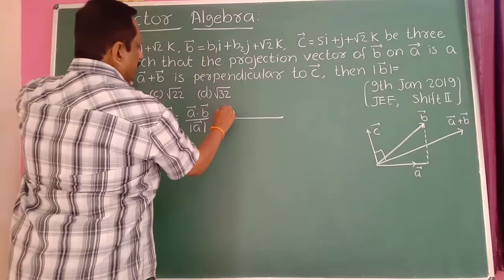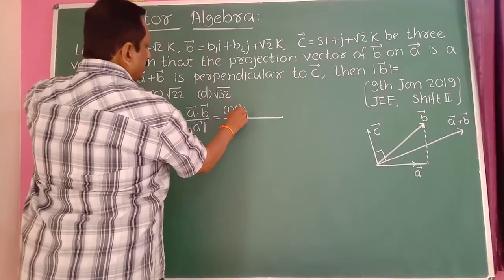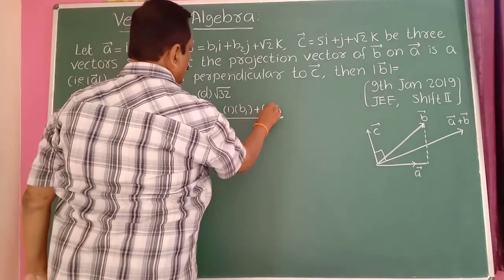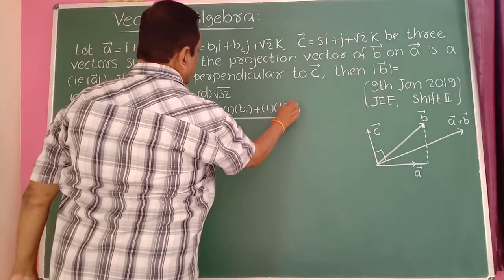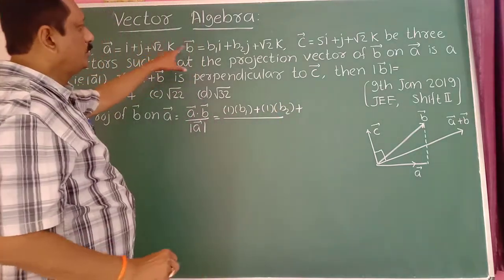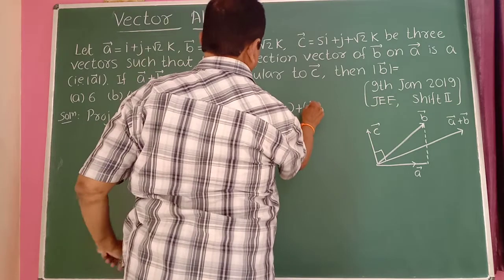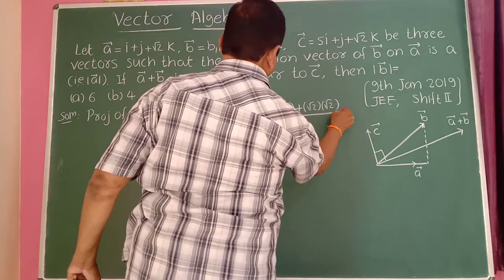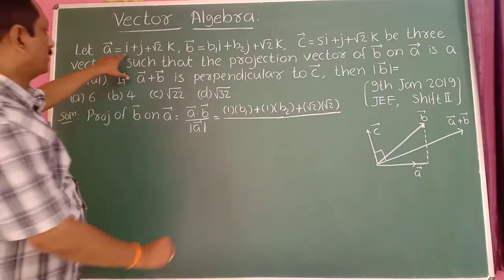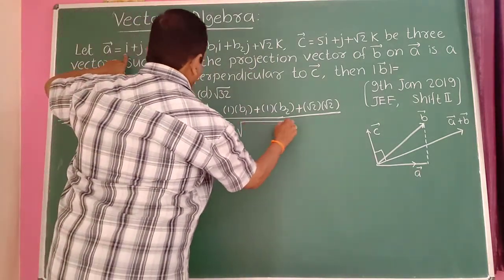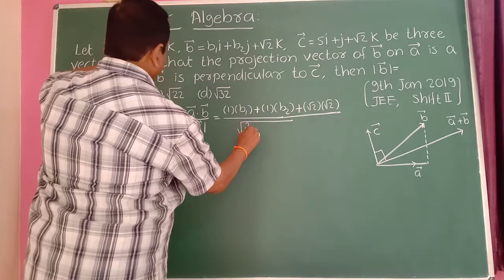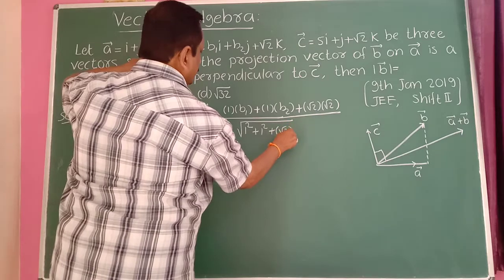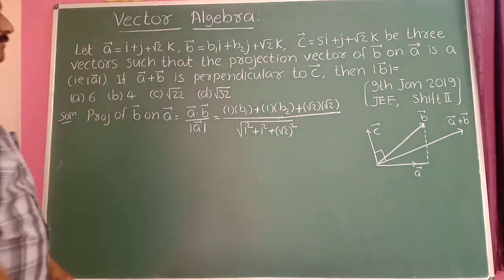1 into B1, then plus 1 into B2 plus root 2 into root 2 here. Modulus of A bar means it's a modulus: root of 1 square plus 1 square plus root 2 square.